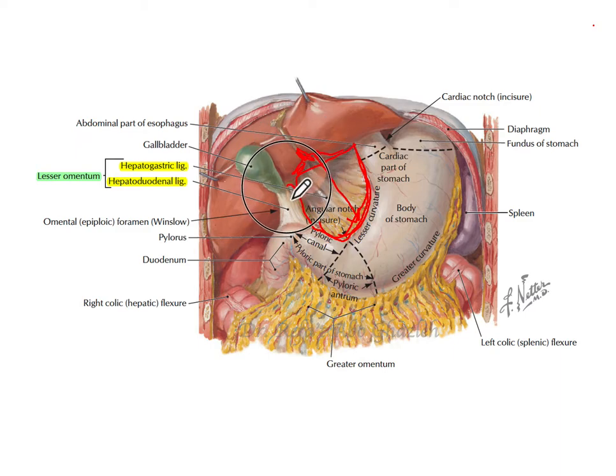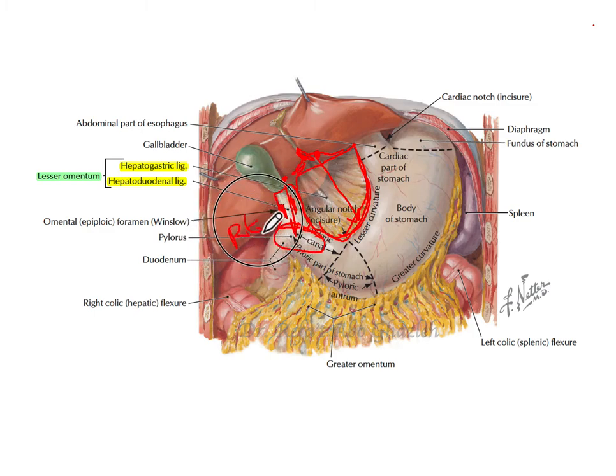And the second part, the ligamentous part, is known as the hepatoduodenal ligament, which connects the liver to the first part of the duodenum and has three structures, as I mentioned.